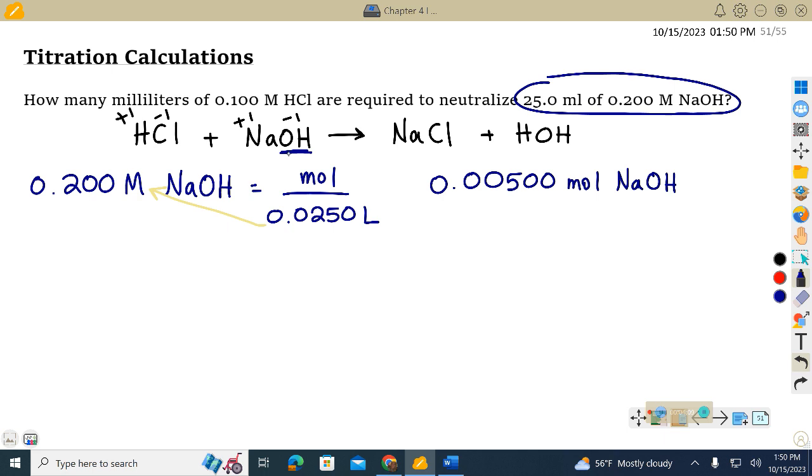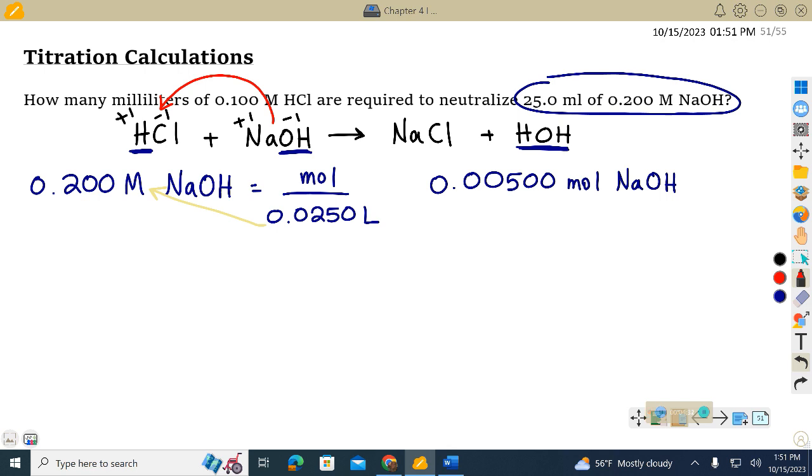I've got equal moles of hydroxide and hydrogen, so that all I form is water on the product side. Water and salt, which is neither acid nor base. It's totally neutral. So once you've got moles of one reactant, I'm going to look at the ratio in the balanced equation to get moles of the other.